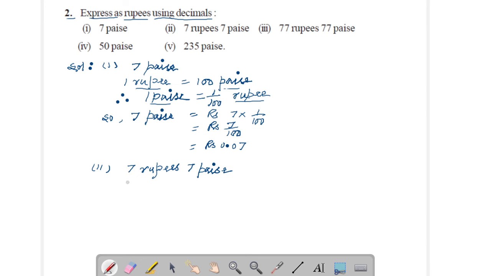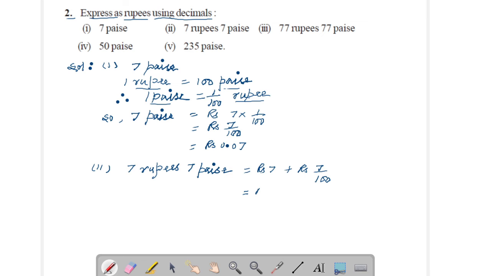So this can be written as rupees 7 plus rupees 7 upon 100. Convert it into decimal.